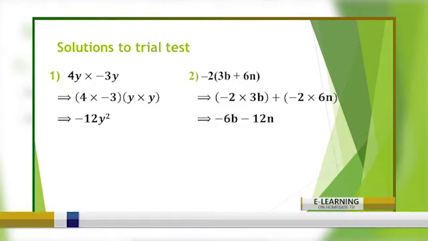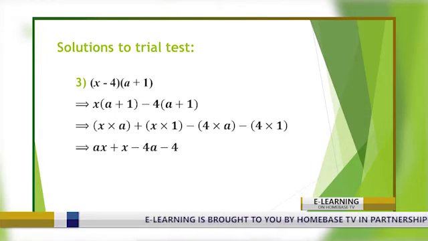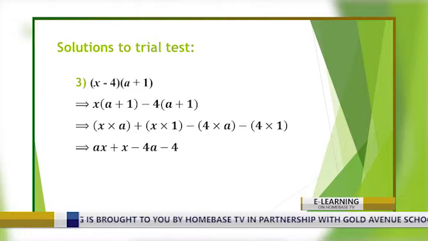Let's move on to number 3. Yes. It has got to do with expansion. Good. Hope you got the right answer. Yes, we couldn't go further because there are no like terms to the final answer. EX plus X minus 4A minus 4. That's the final answer. Very good.